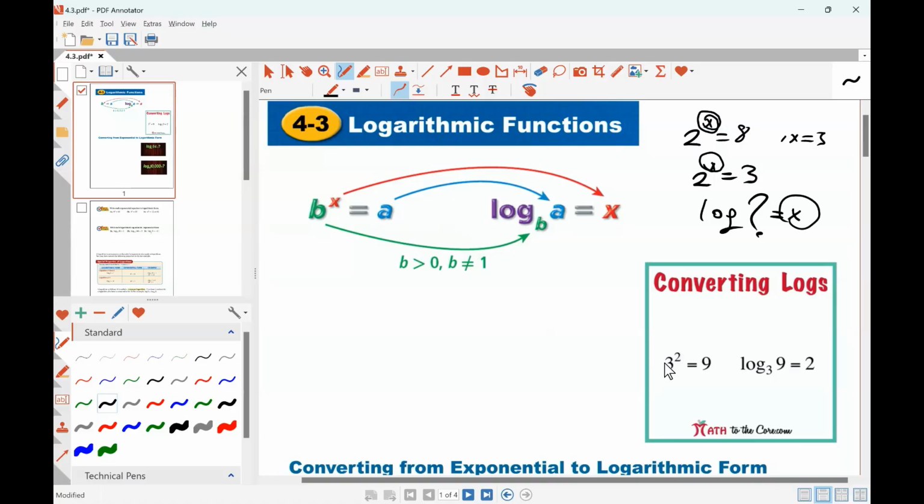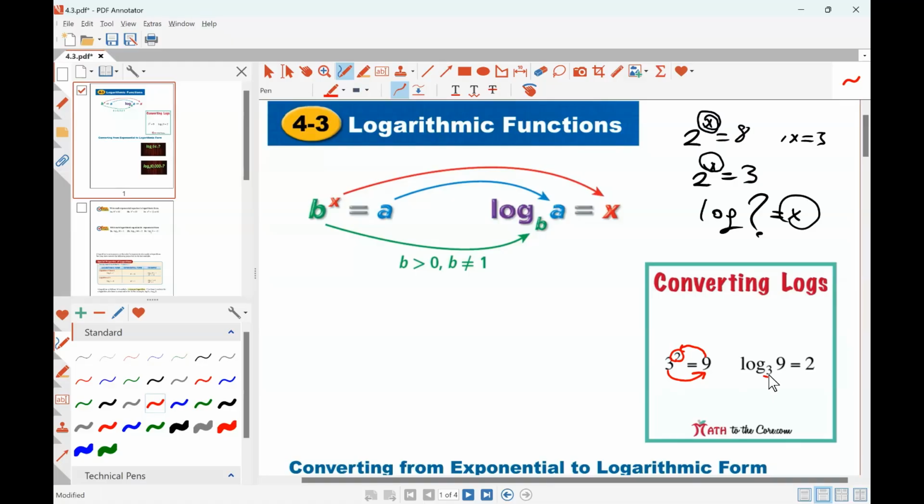For example, 3 to the power of 2 equals 9. You start with the base, you keep the same base, go to the other side of equation, and come back for the exponent. So log base 3, write 3 as subscript.